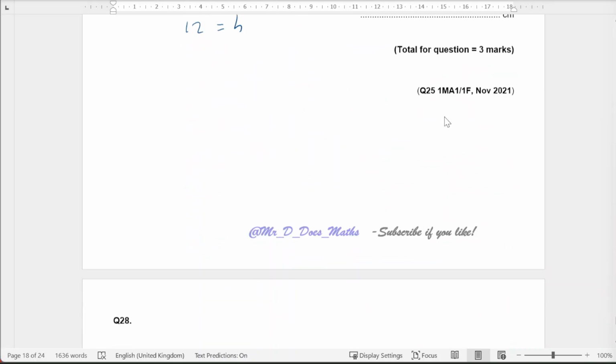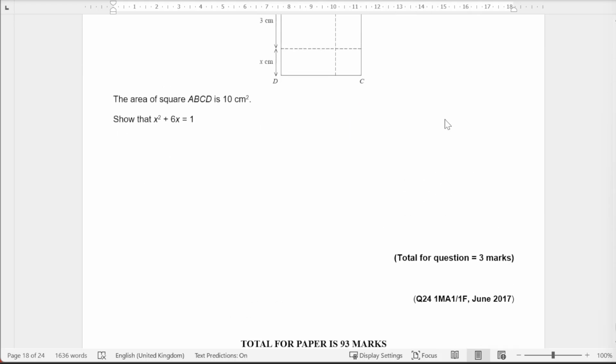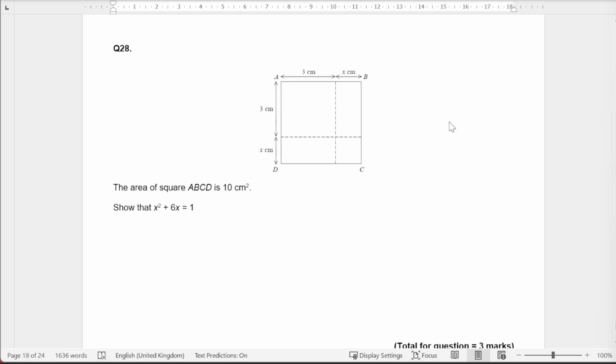Okay, final question of the paper, question 28. Just double checking, yeah, final question. It shows the square ABCD has area 10 centimeters squared. Show that x squared plus 6x equals 1. Right, so the area of each section. This area would be 9. I don't really need the units for now. The area of this would be 3x.